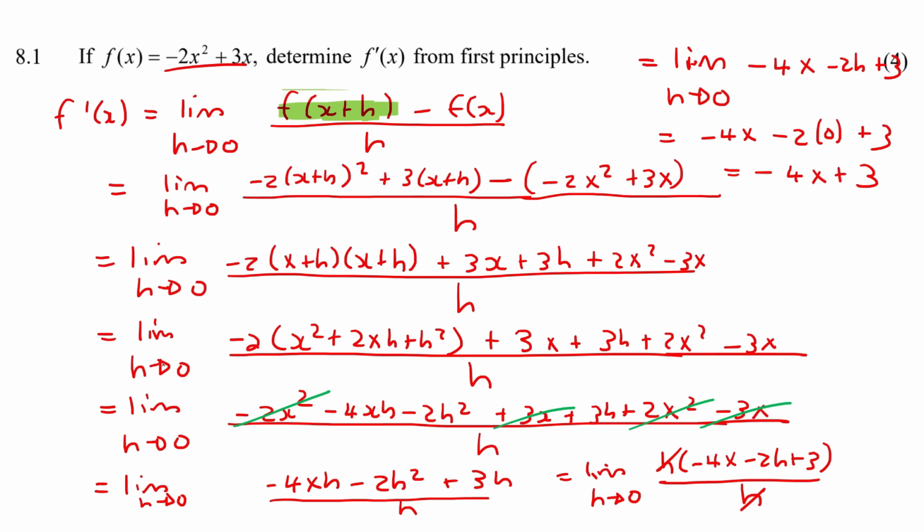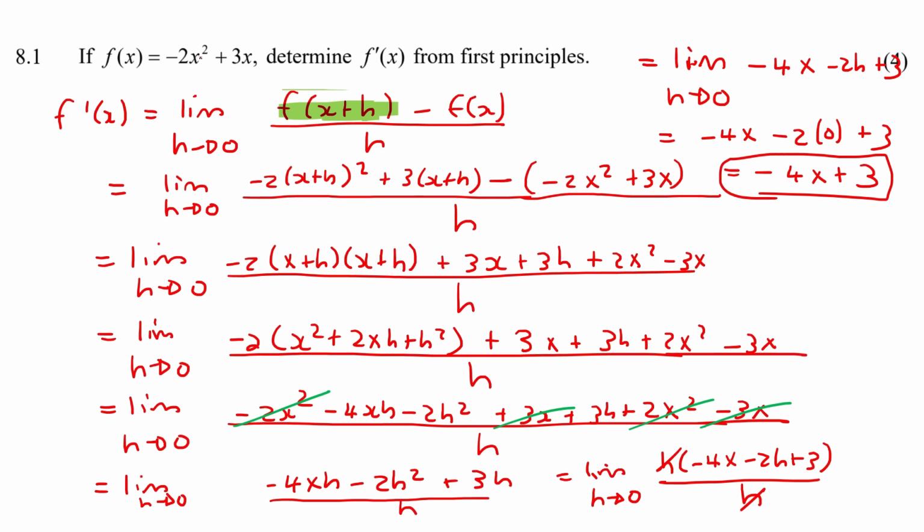The only reason we can't make h 0 in any of these steps is because we have an h in the denominator, and that's undefined. But as soon as we get to this part, the h cancels, then we can make h 0, and from that point onwards, we no longer have to say limit h goes to 0, because now we are letting h go to 0. And so here's our answer.